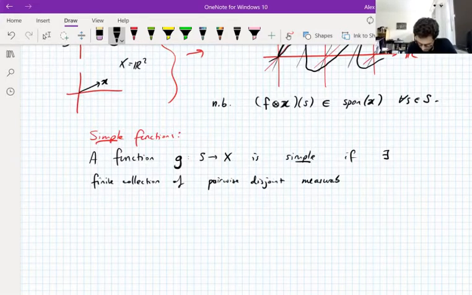Of course, measurable here means A-measurable because we're dealing with a measurable space (S, A) where A is the sigma algebra.